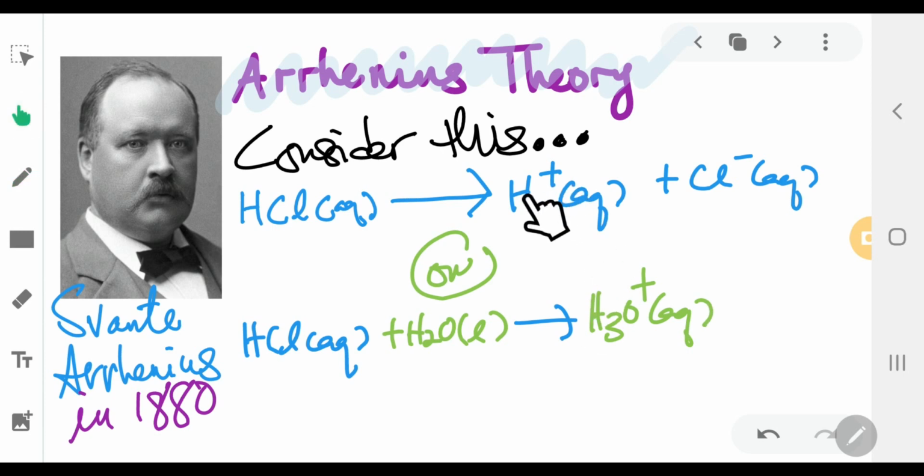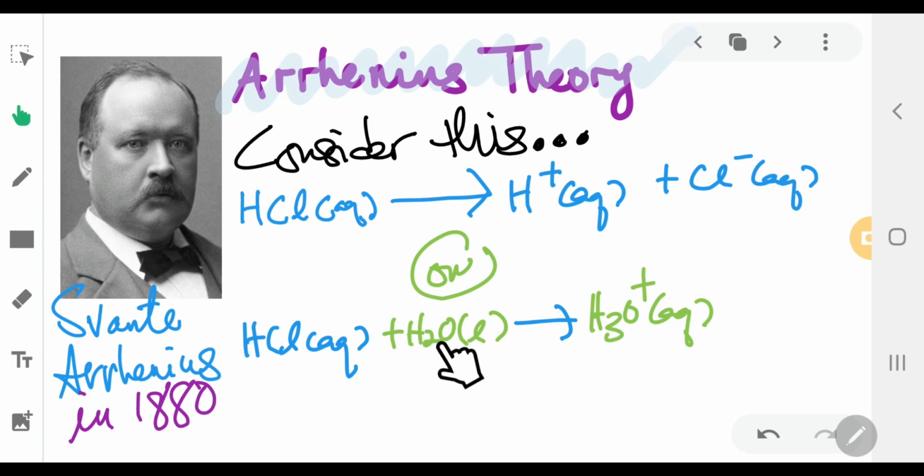So this proton H plus is the same as H3O plus. It's just that when you include H2O in your equation, you have to write H3O plus. Why? Because the H plus is taken by the H2O to form H3O plus.